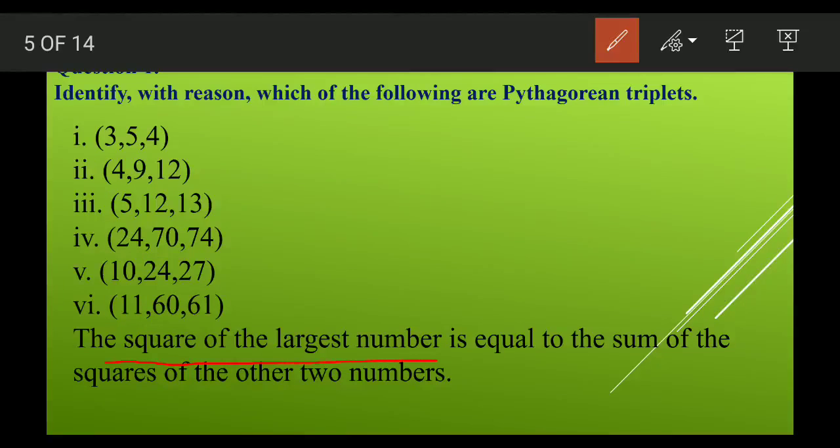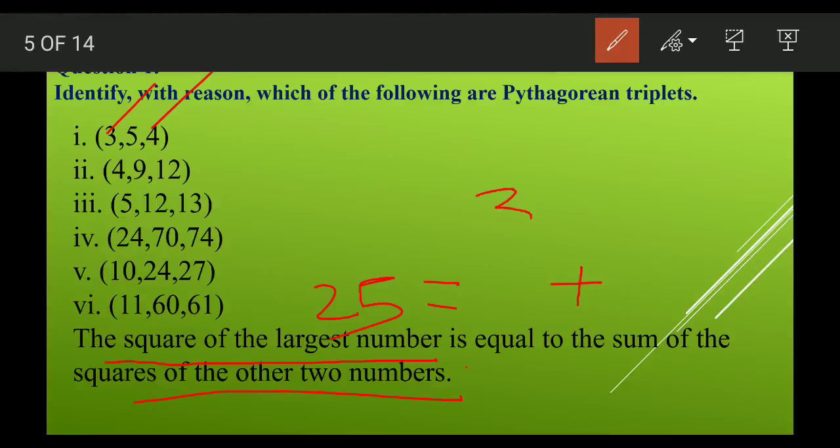Square of the largest number. What is the largest number in question number 1? 5. What is 5 square, children? 5 square is 25. Is it equal to the sum of the squares of the other two numbers? What are the other two numbers? 3 and 4.